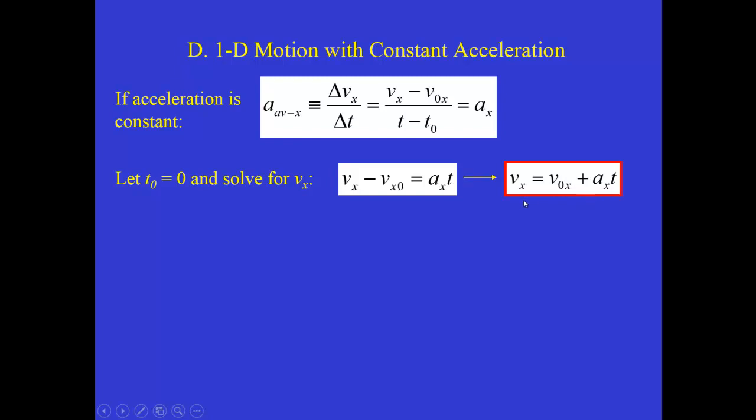Very simple, right? This is important because it shows us that if we know the original velocity, v0x, and we know the time and we know the acceleration, we can calculate any final velocity at any instant in time.